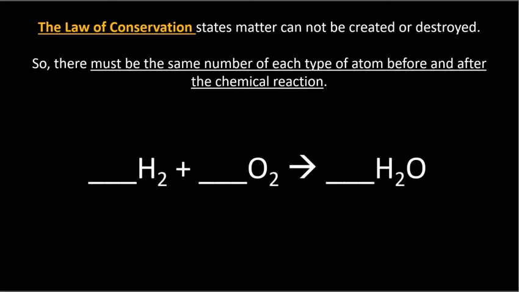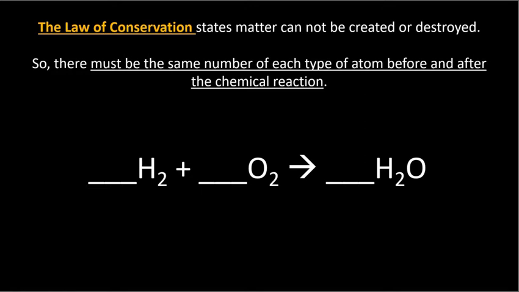Okay, so in looking at this, we have the two elements of hydrogen and oxygen. You see them before the reaction, you see them after the reaction. You have to have the same number of hydrogen atoms before the reaction and after. You have to have the same number of oxygen atoms before and after.